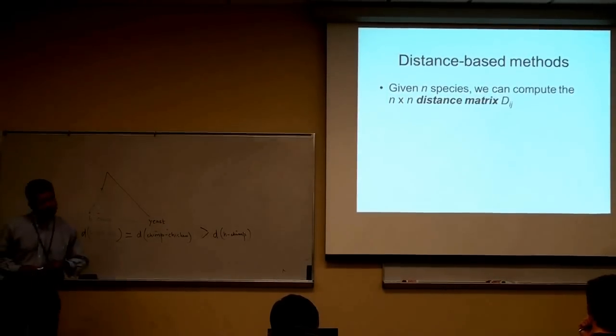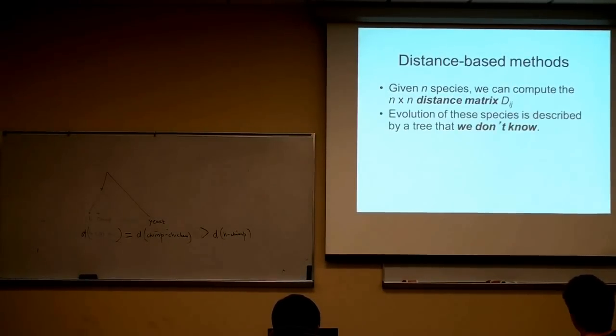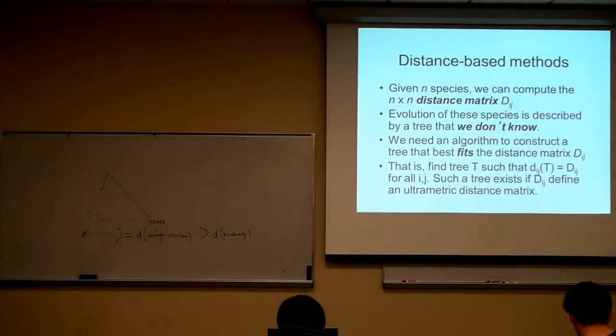So, in a distance-based method for phylogeny reconstruction, you're given the n by n distance matrix Dij, and you want to come up with a tree that best fits the distance matrix Dij.